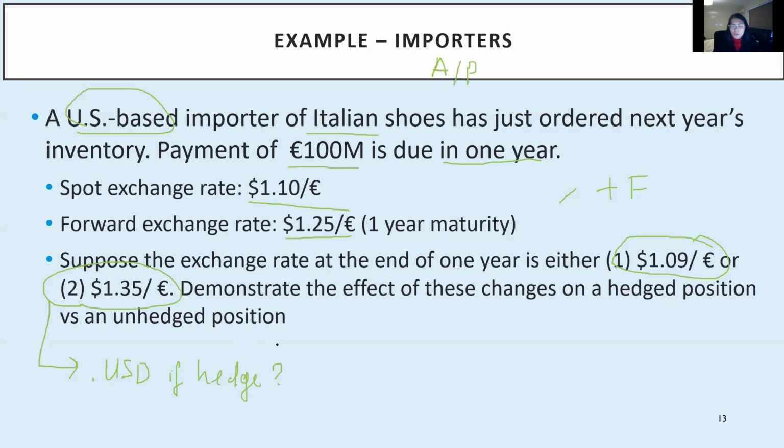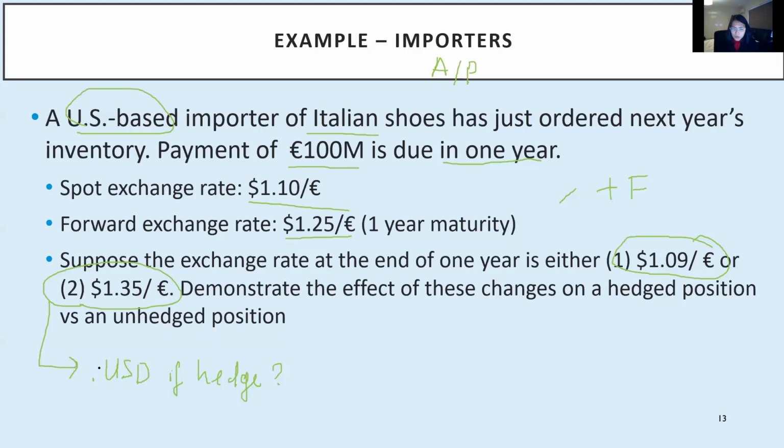So as we mentioned before, with the hedge position, your USD proceeds or obligations will stay the same regardless of how the future looks like. So in this case, what is my US dollar cost? For this calculation, I do not need to look at the future spot exchange rate.